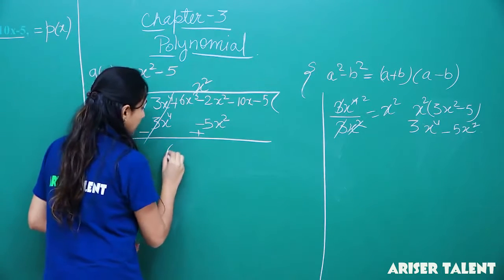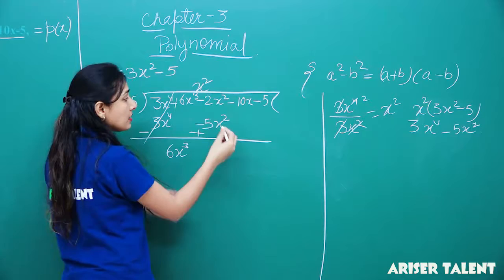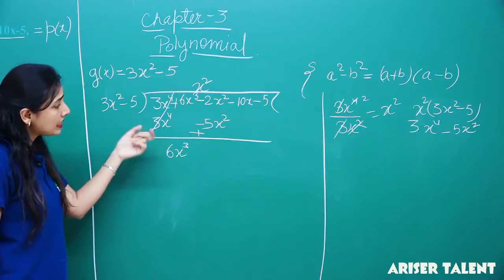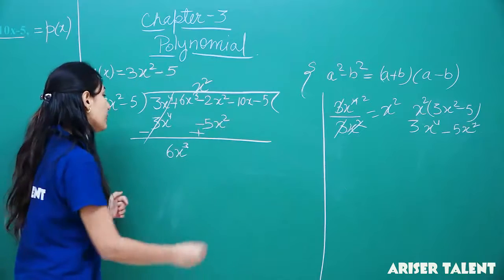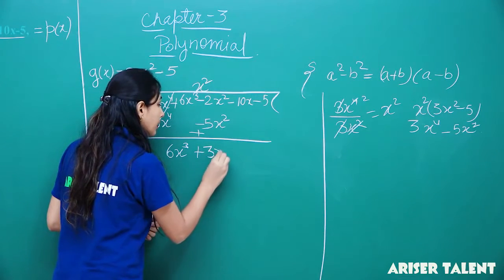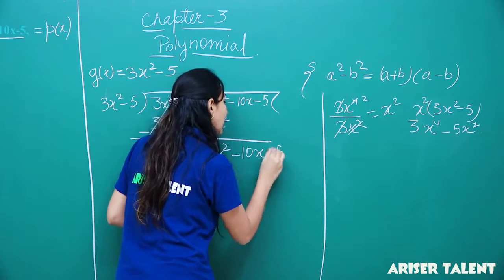Remaining: 3x cube, plus 5x square minus 2x square will give you plus 3x square, then minus 10x minus 5.